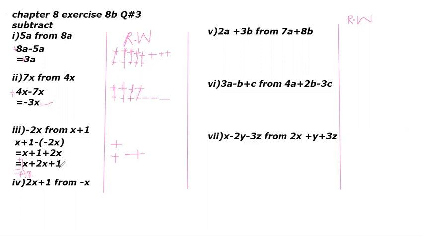Plus 1 as it is because it's a whole number, right? We will add x into x because both are like terms. 1 is not a like term, it's a whole number. So we will write positive 1 as it is. We will not add 1 in 3x because 3x and 1 are unlike terms.